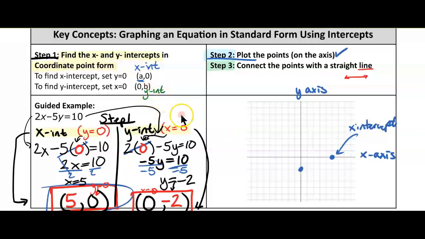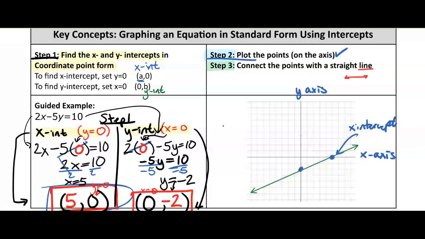Step 3 is I'm going to draw a line through the 2 points. Now, if you have a ruler or an extra piece of paper, you can do this on paper.